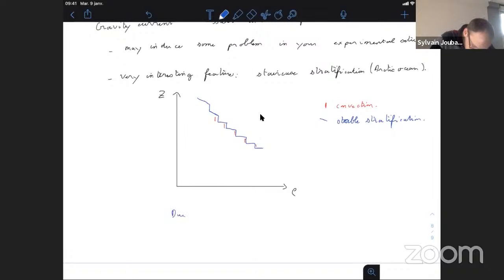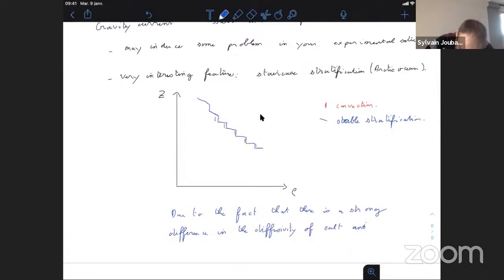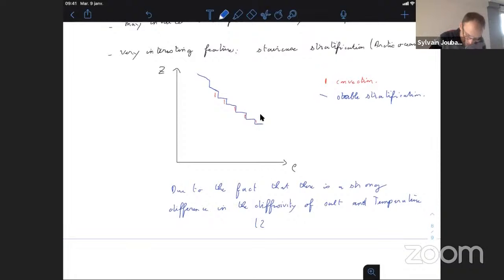It is due to the fact that there is a strong difference in the diffusivity of salt and temperature, basically of the order of 2 or 3 orders of magnitude.